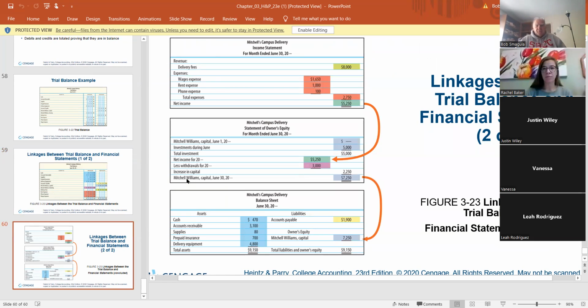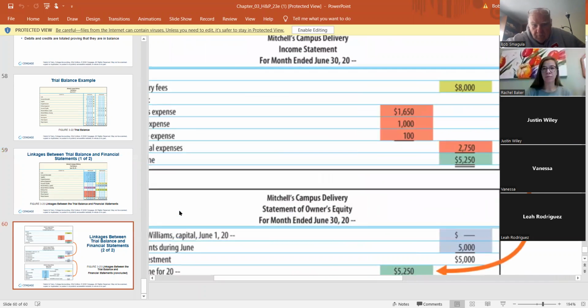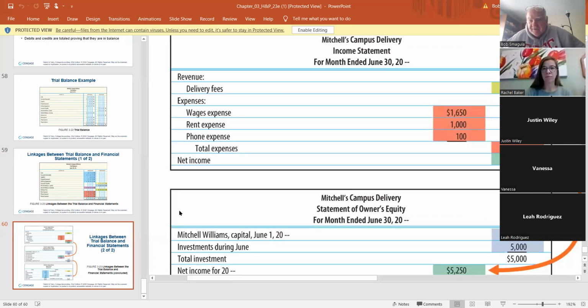So look at this. They're doing the income statement. And we can see that the revenues were 8,000, and then we had expenses. And how easy is that? There's your income statement. You start with the name of the company, because this is a formal financial statement.